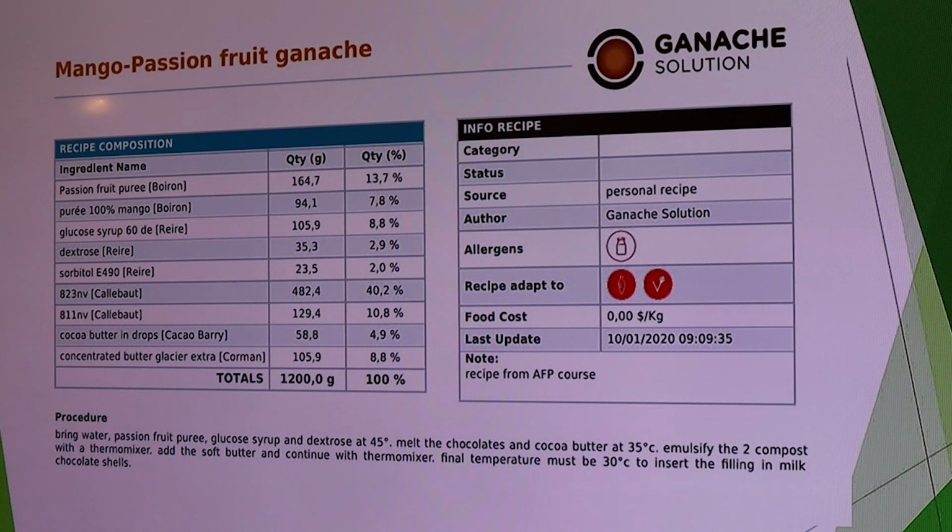But it's due to the long shelf life and the right stability that we have all those kinds of ingredients. So this is an example of balancing a standard recipe with fruit taste.